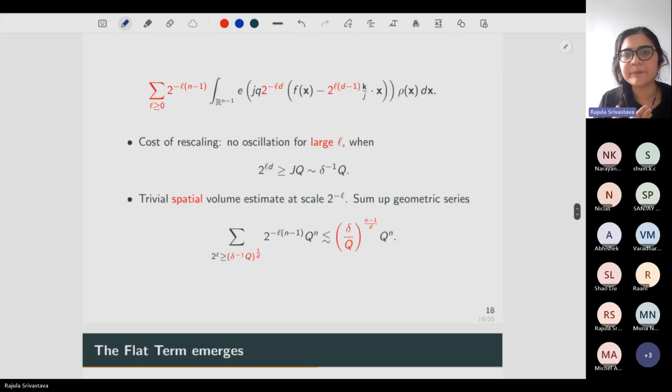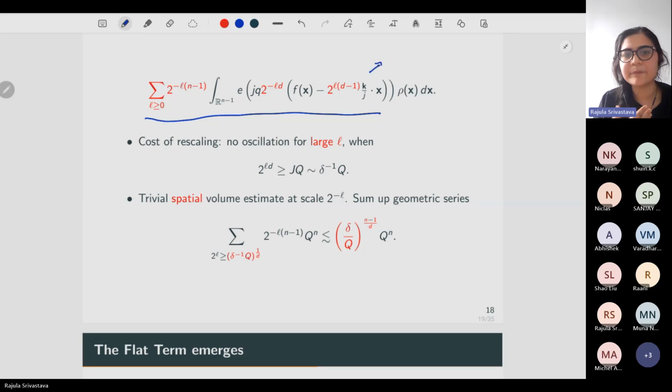All right, so maybe I will try to be a bit quicker now. Once I do that, I get this family of oscillatory integrals at each dyadic scale. Earlier I isolated the zeroth frequency because I knew there I would not get oscillation. Again here there are an infinite number of scales where I will not get any oscillation.